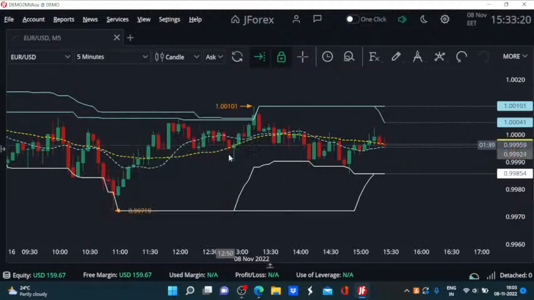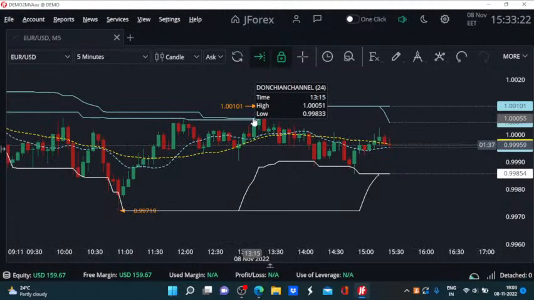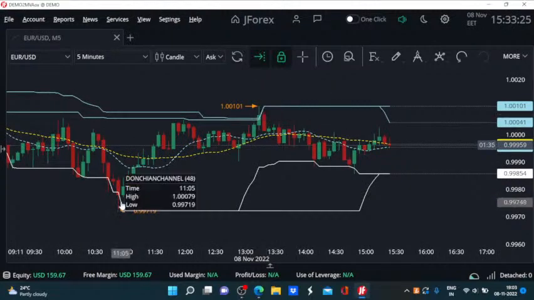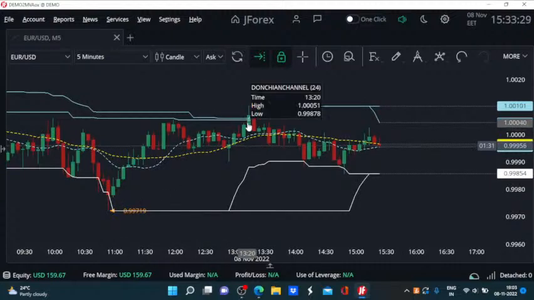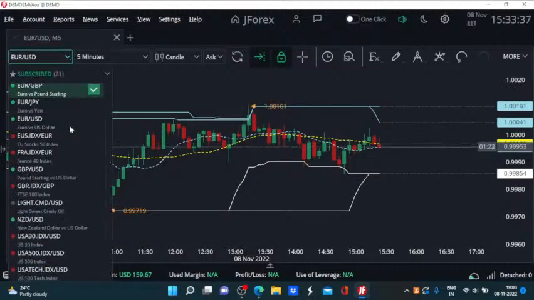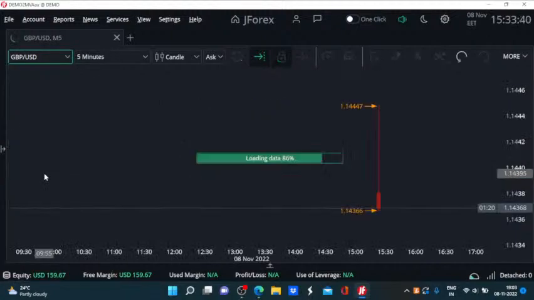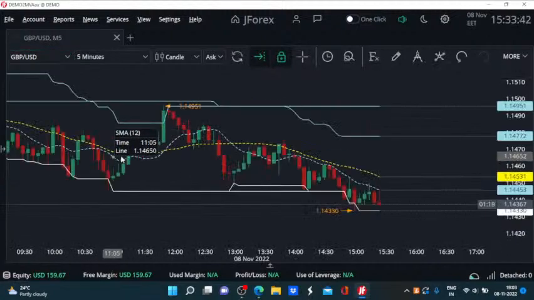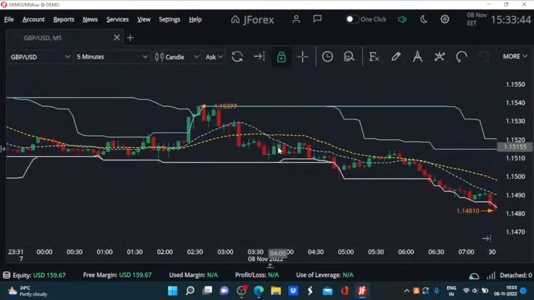Here, the last 4 hourly high was made at 13:20 GMT, and the low was made at 11:05 GMT. So we have to keep this in mind, and that helps us in determining the relative strengths and weaknesses of various currencies. So now let's take GBP USD into account. The GBP USD is also on a bearish trajectory.